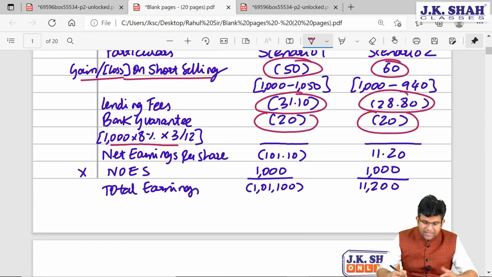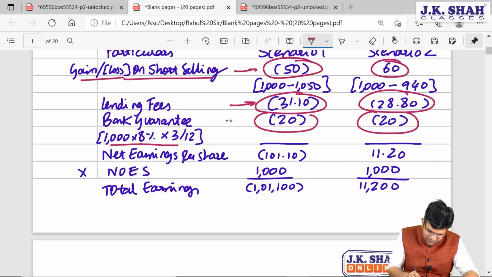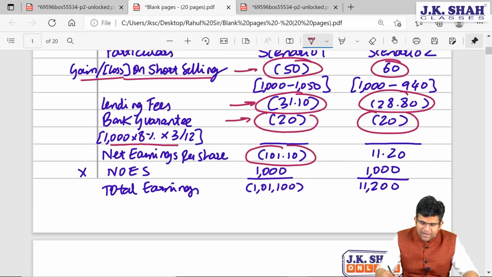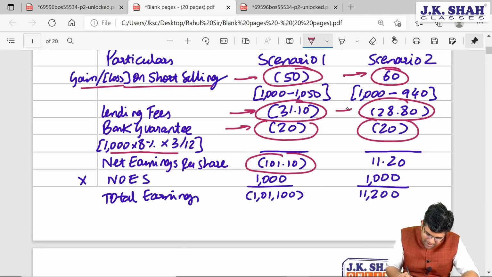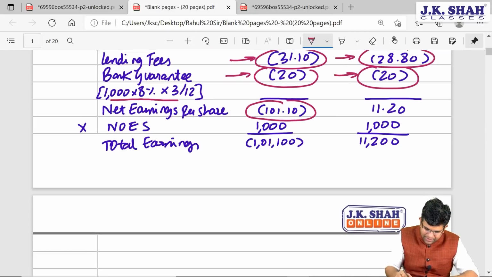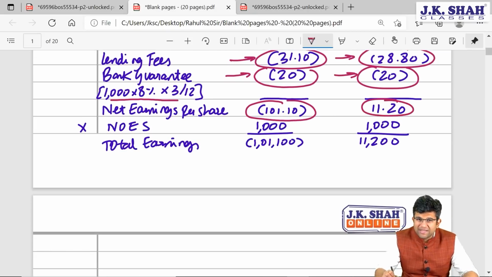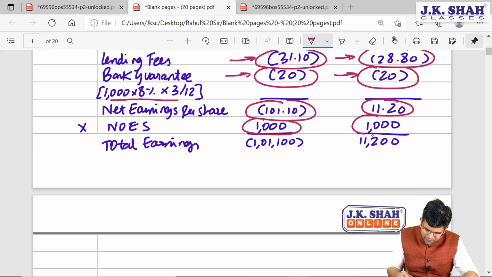So if you take the total, minus 50 minus 31.1 minus 20 is a total loss. Okay, a negative earning of 101.1 and 60 gain minus 28.8 lending fees minus bank guarantee 20. There is a 11.2 rupees gain per share for XYZ in the bearish scenario, multiplied by number of equity shares.